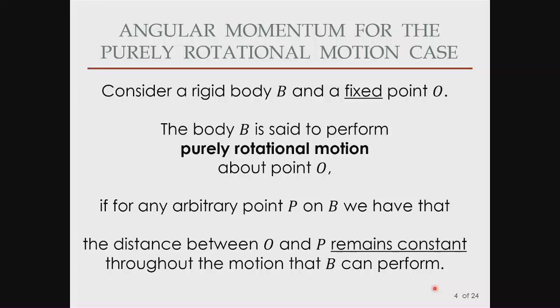All right. Now, let's say this is the cap, okay, and this is point O, and here you have a pin, and this thing can rotate, so O is not fixed, even though the cap could only orbit around this point O. Because it's not a fixed point, then this cap is not doing purely rotational motion, all right?